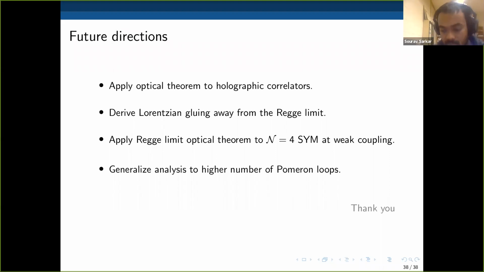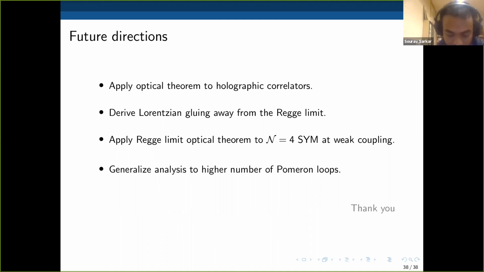So in the future, what we didn't do so far, we should try to apply the optical theorem to some concrete examples, to actually do the gluing of those integrals and try to apply it to, say, holographic correlators. And there has been other work on optical theorem for, say, Witten diagrams, and it will be good to understand how our optical theorem is related exactly to those.